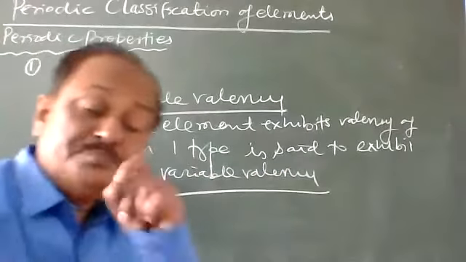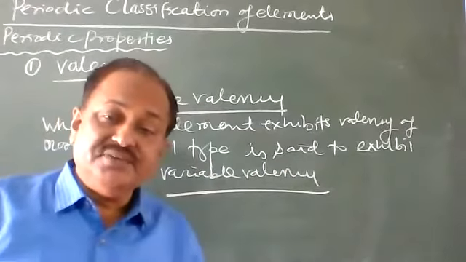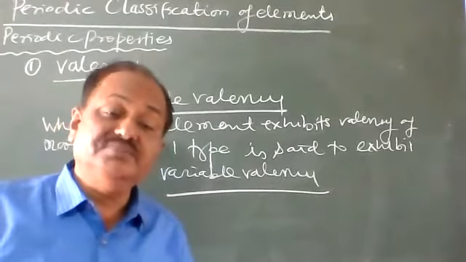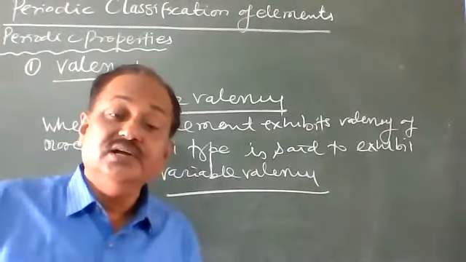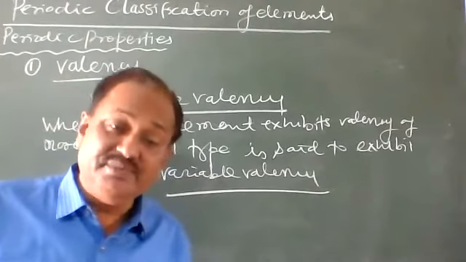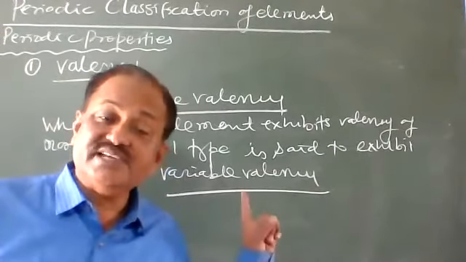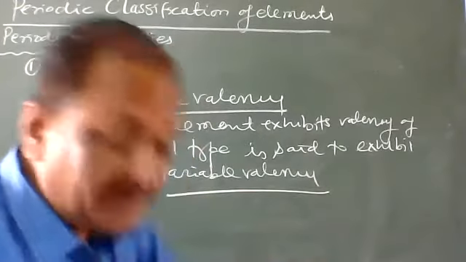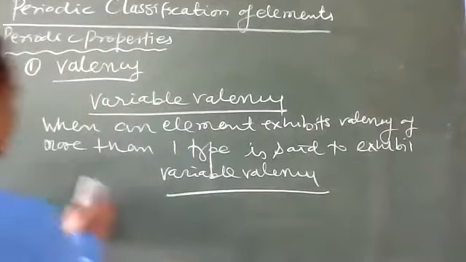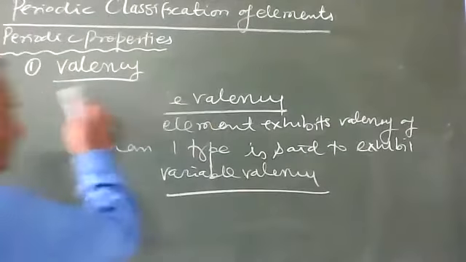There are very few elements which exhibit variable valency, and it is the property of metals or heavy metals. All the elements cannot exhibit variable valency on their own. Very few elements are able to exhibit it.